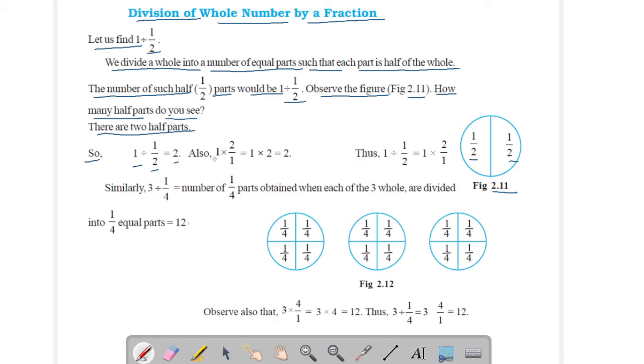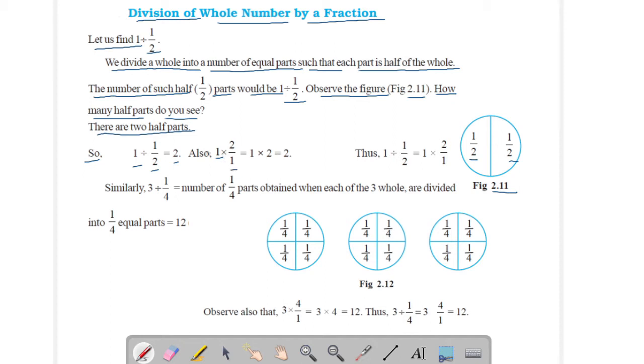Also, we can convert this division into multiplication by taking the reciprocal of this term, that is 1 upon 2. This can also be written as 1 into the reciprocal of 1 upon 2, which is 2 upon 1.